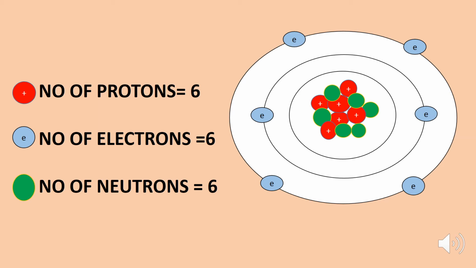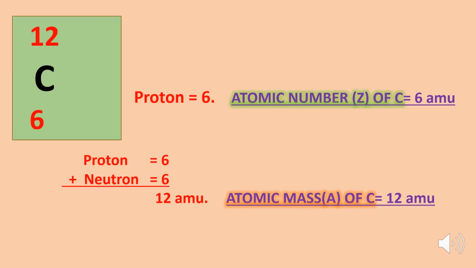Now we are able to put these values for the atomic number and the mass number. As we have calculated, the number of the protons in the carbon atom is 6. Therefore, the atomic number of the carbon is 6 AMU. Whereas the number of the protons, we have counted, is 6 and the number of the neutrons is also 6.